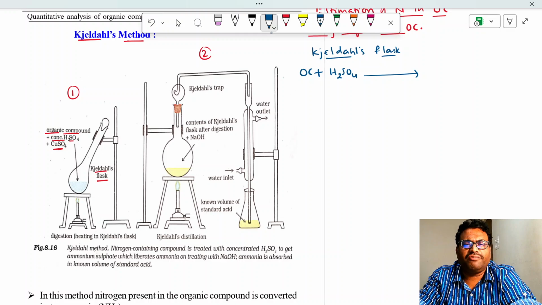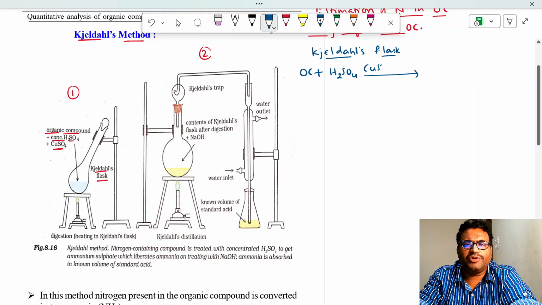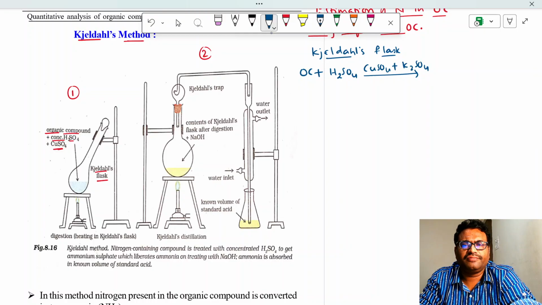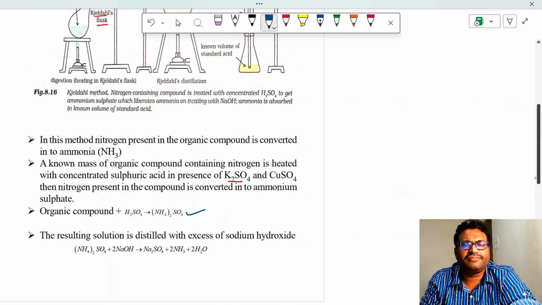In this, we are heating, boiling, by a Bunsen burner, in the presence of CuSO4 and K2SO4. If nitrogen is present in the organic compound, it is converted into ammonium sulfate.